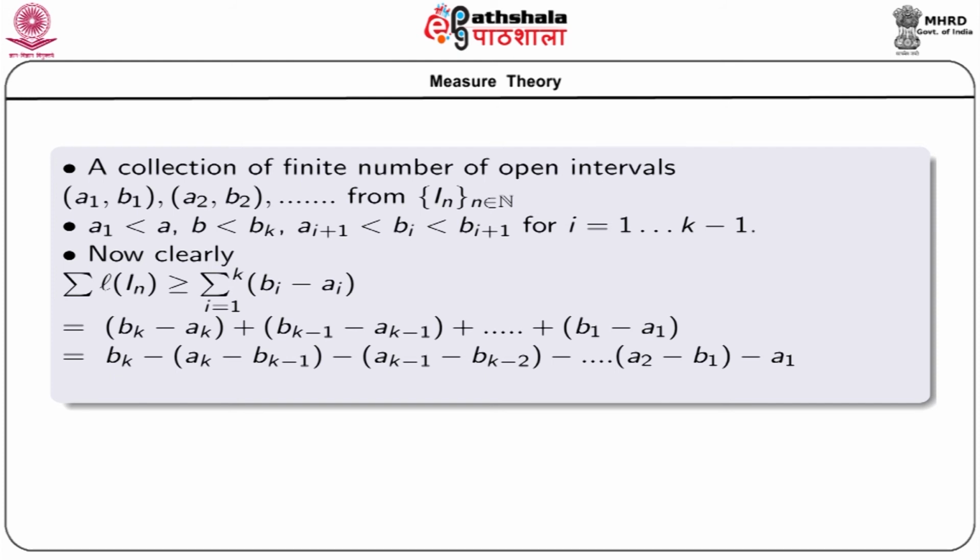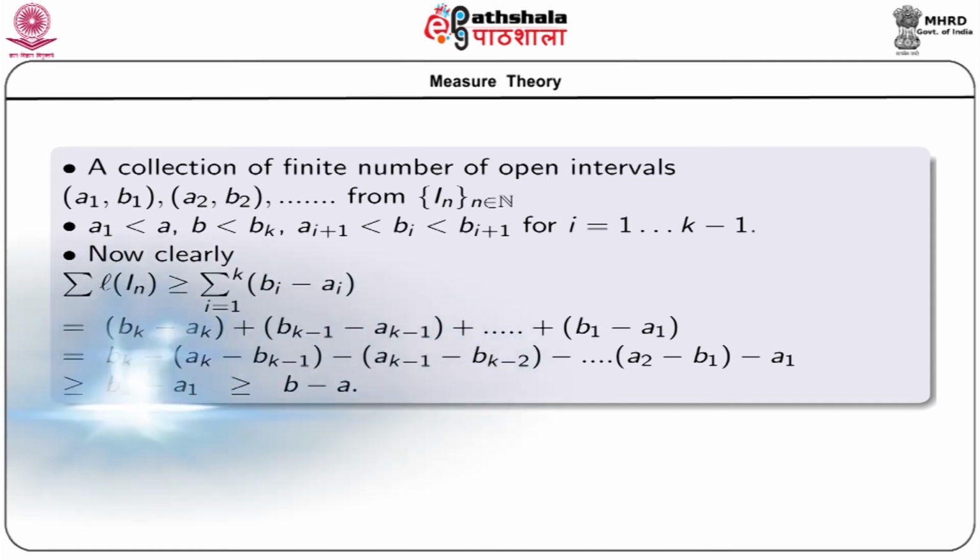Now, observe that from the above relation between a_i and b_i, that is a_{i+1} less than b_i less than b_{i+1}, it immediately follows that each of the numbers a_k minus b_{k-1}, a_{k-1} minus b_{k-2}, dot dot dot, a_2 minus b_1, these are all negative numbers, and so the whole middle part of this expression is a positive number.